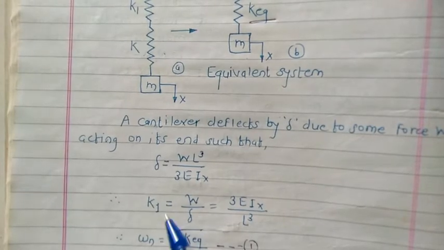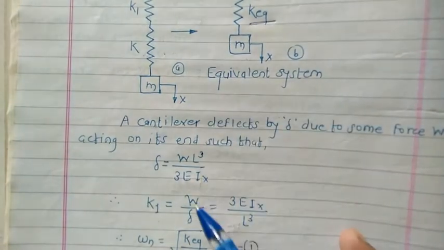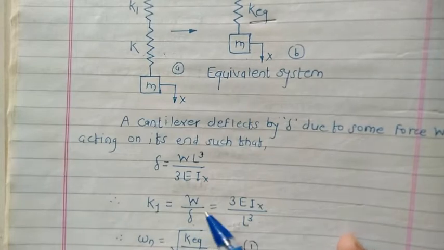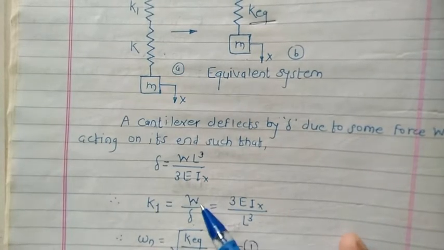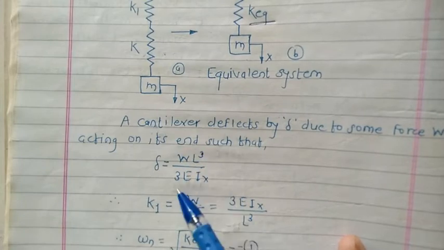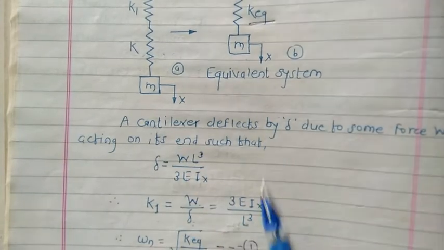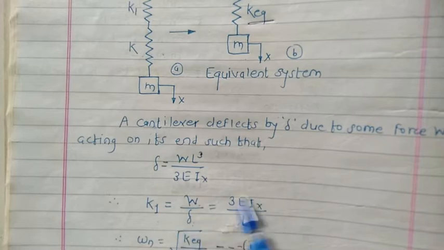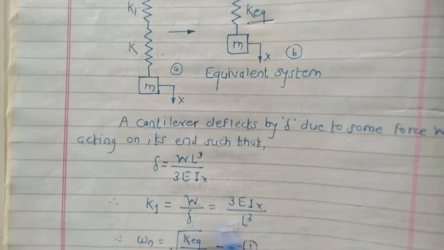K1 is nothing but force divided by deflection. The force is W and the deflection is W L cube divided by 3EI. Here W gets cancelled, so we get K1 equals 3EI divided by L cube.